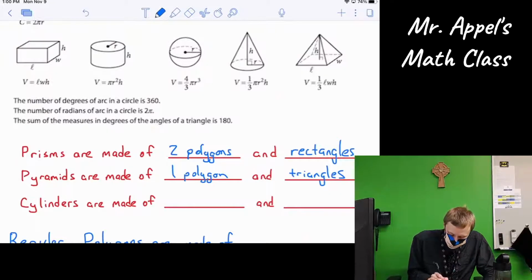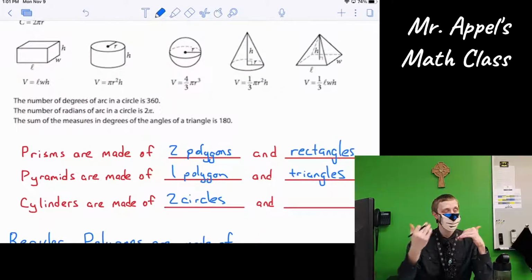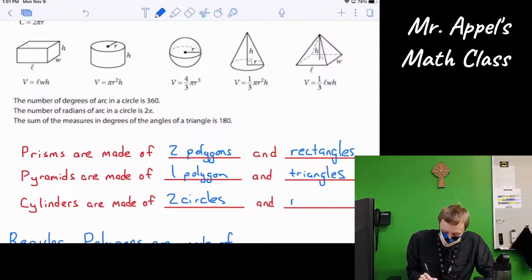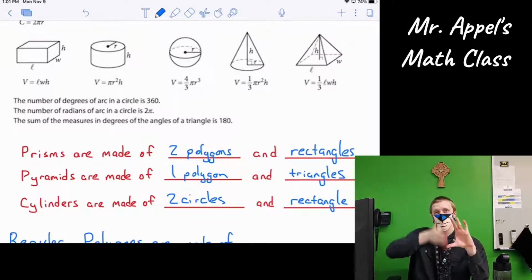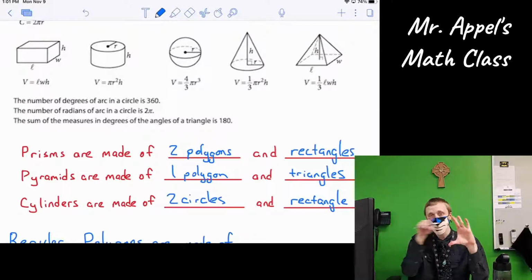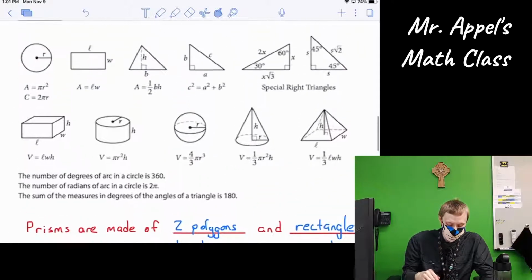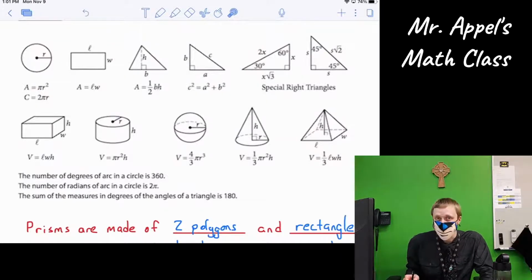They are comprised of two circles, one on top, one on the bottom, of course, and then the rest of it, remember that soup can label, if you unravel it, turns into one giant rectangle. The trick being that the height matches the height of the cylinder, but the length of that rectangle is actually the circumference of one of the circles. So you will need both the area and circumference formula for circles to find surface area of a cylinder.